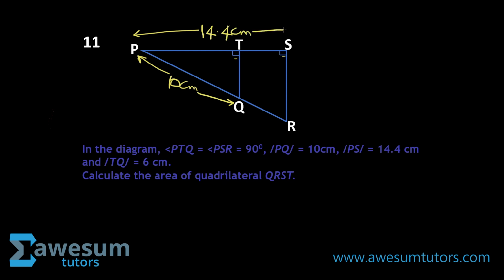And line TQ is 6 centimeters. TQ is right here, from here to here. Calculate the area of quadrilateral QRST.